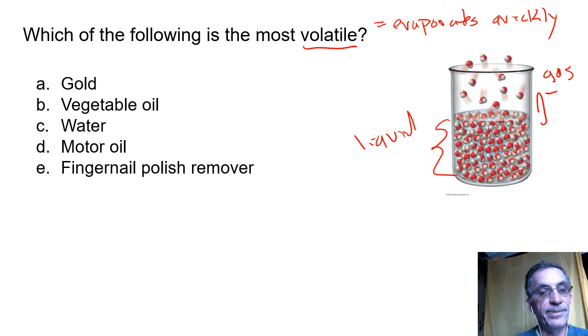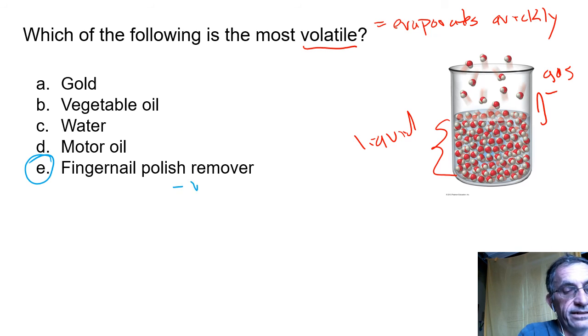Is it gold, vegetable oil, water, motor oil, or fingernail polish remover? The one that evaporates the most quickly should be fingernail polish remover. Why would that be? Because it has the weakest intermolecular forces.